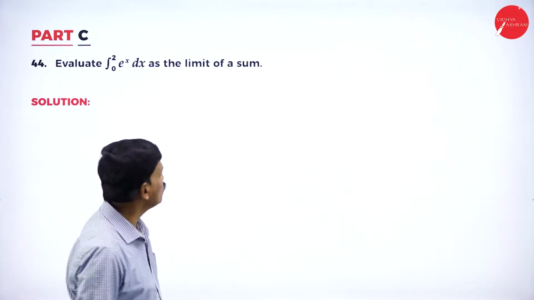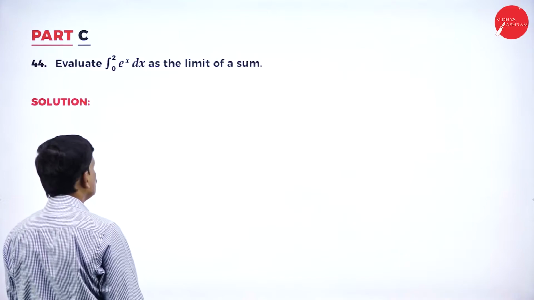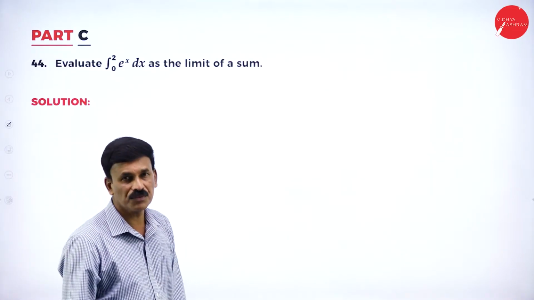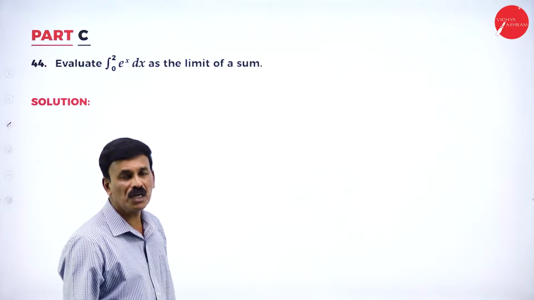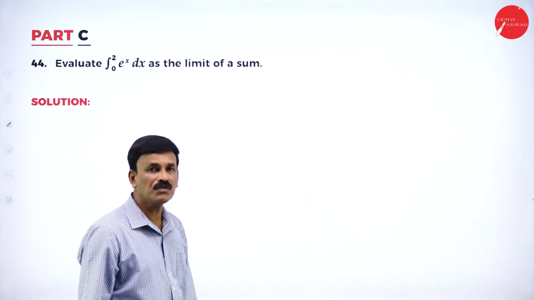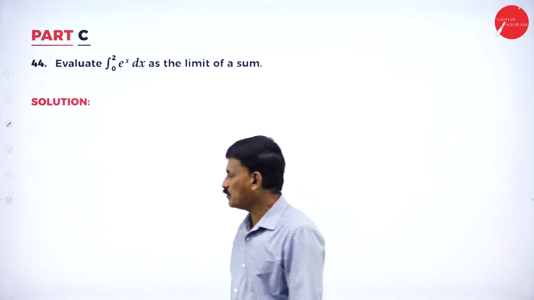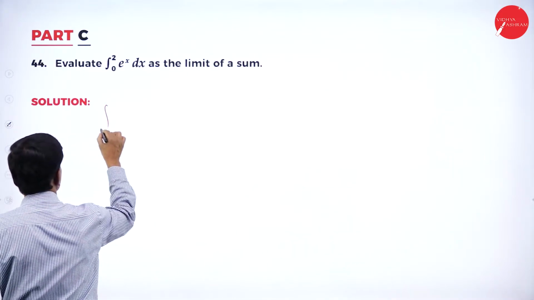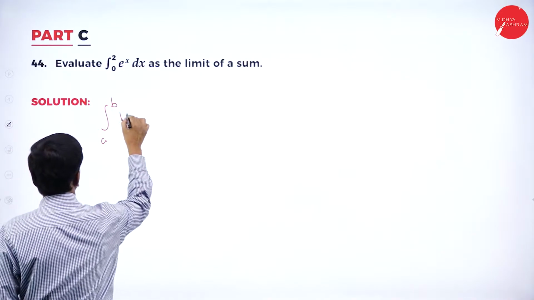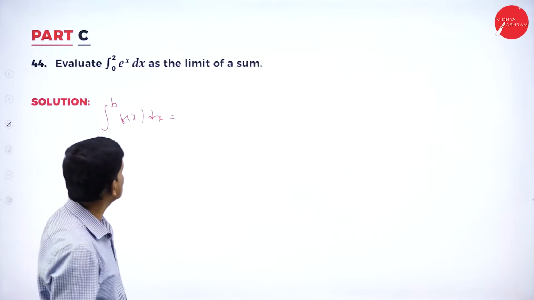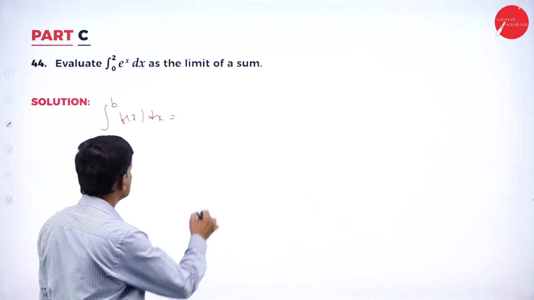The next problem is: evaluate integral 0 to 2 e power x dx as the limit of a sum. This can be evaluated using the formula for the definite integral as the limit of a sum. We know that the definite integral from a to b of f of x dx can be evaluated as the limit of a sum using the formula. What is the formula here?